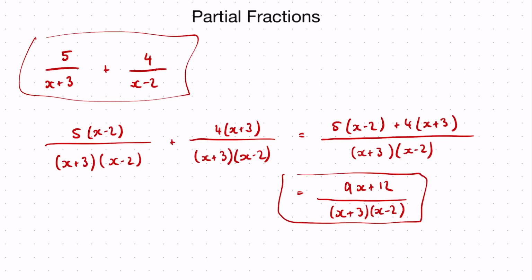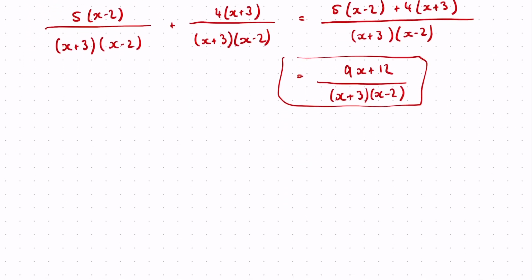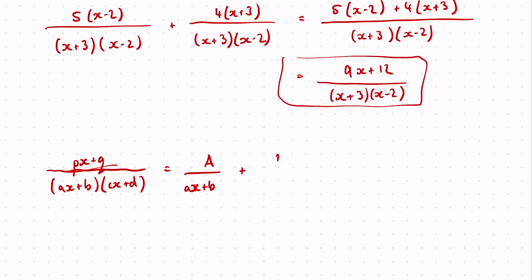Okay? The way to do that is to follow a sort of formula or approach, which is where you say, if you've got an algebraic fraction which looks like this, where there's something on top, and you have two distinct brackets on the bottom, you can split that into a partial fraction which looks like A over ax plus b, our first bracket, plus B over cx plus d, which is our second bracket.